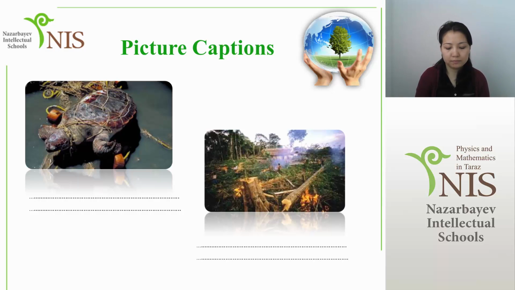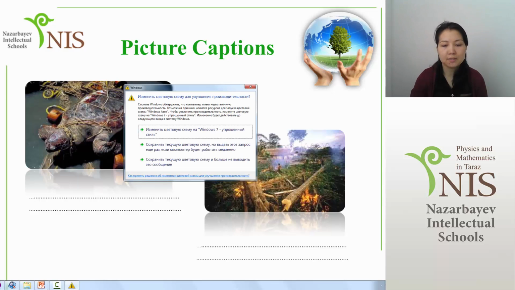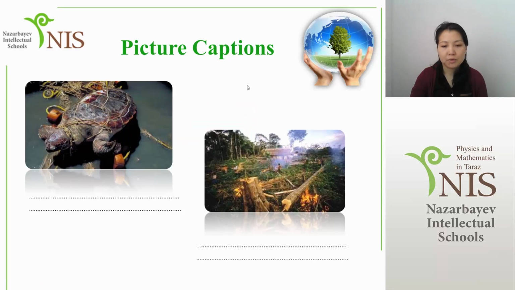After students have discussed, they have to give a name to each picture, like in newspapers. Students share their ideas with the whole class and choose the best name for each caption.